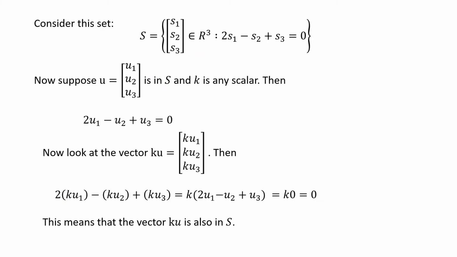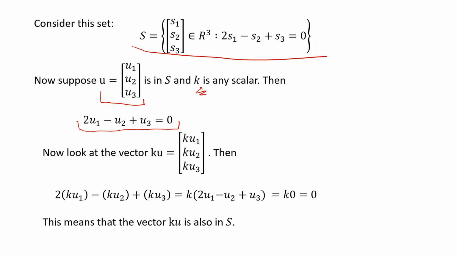What about multiplication? We know how to do a scalar multiplication. So take our set S again, let u be anything in there, and let k be any scalar. u is in there, so it satisfies the equation 2u1 minus u2 plus u3 equals 0. By definition, if it's in there, it has to satisfy that.